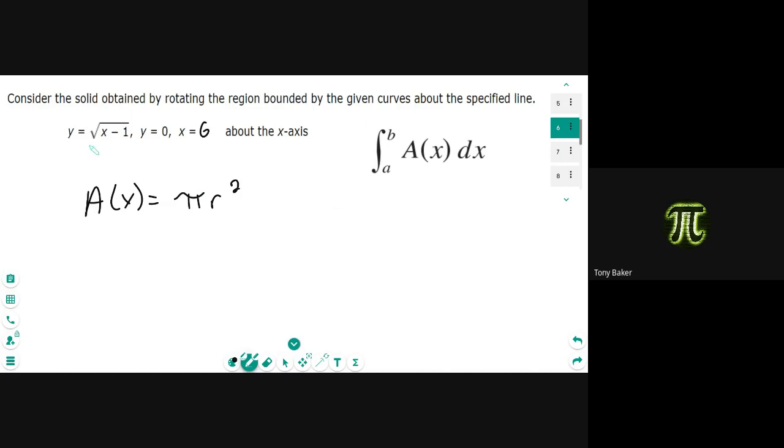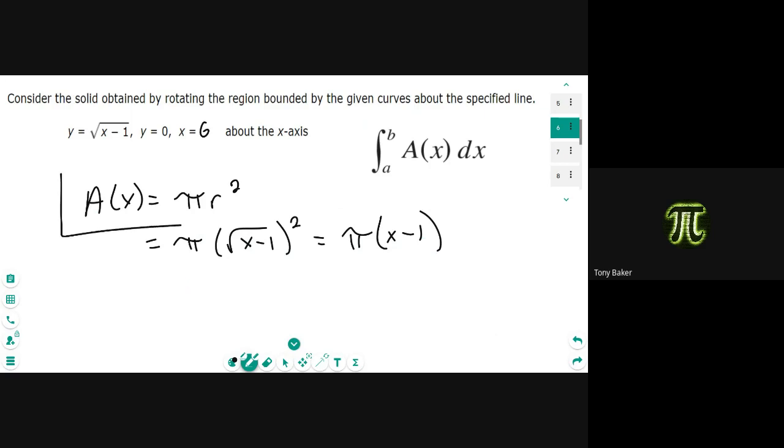In this case, I only have one function. Thank God. So it's just going to be the square root of x minus 1. Pi times the square root of x minus 1, squared, which is pi times x minus 1. So your formula is your area. That's the area of a disk, pi r squared.